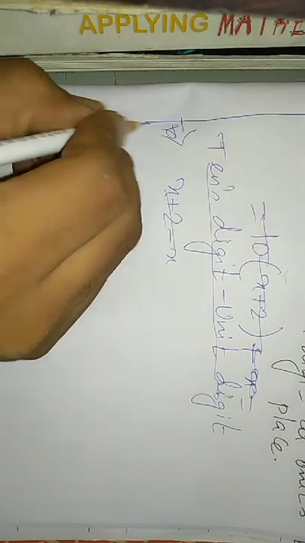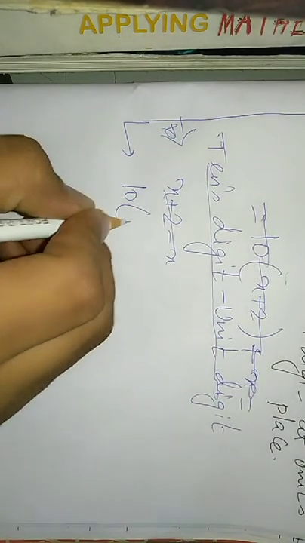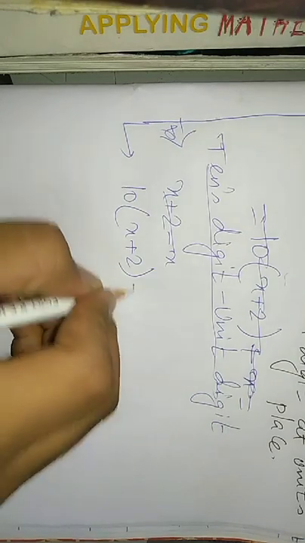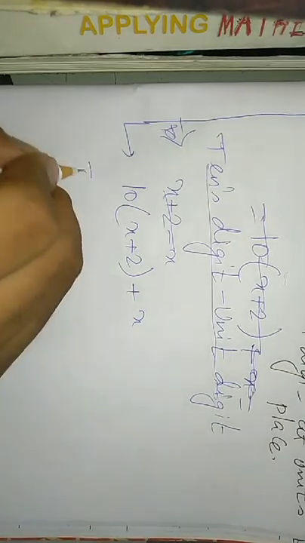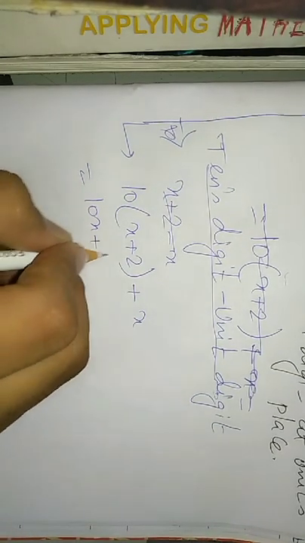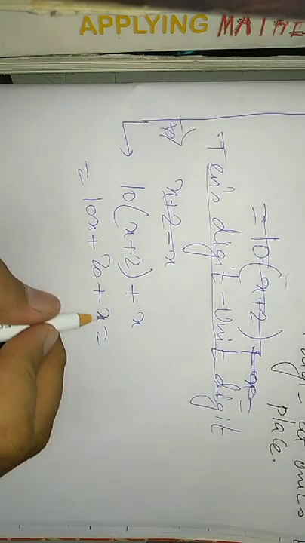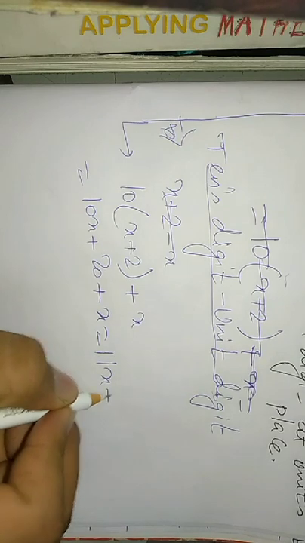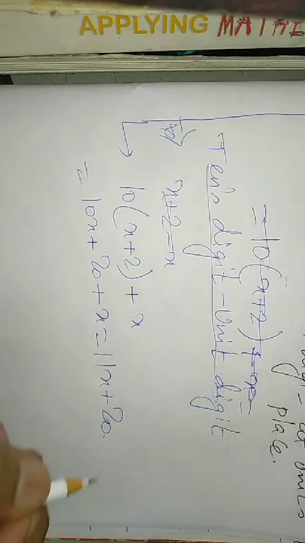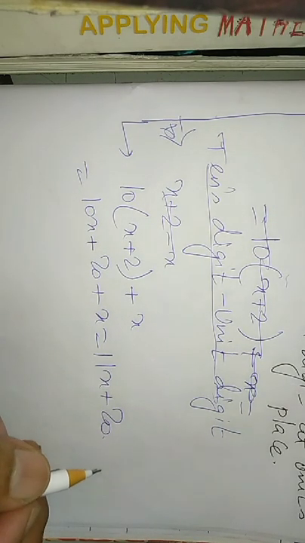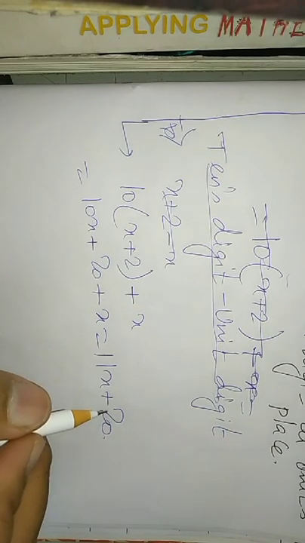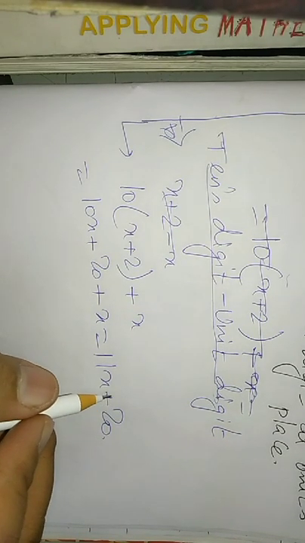We now know the number: 10 into x plus 2, plus x, which is equal to 10x plus 20 plus x, which is 11x plus 20. This is actually your number, and I need to get the value of x.